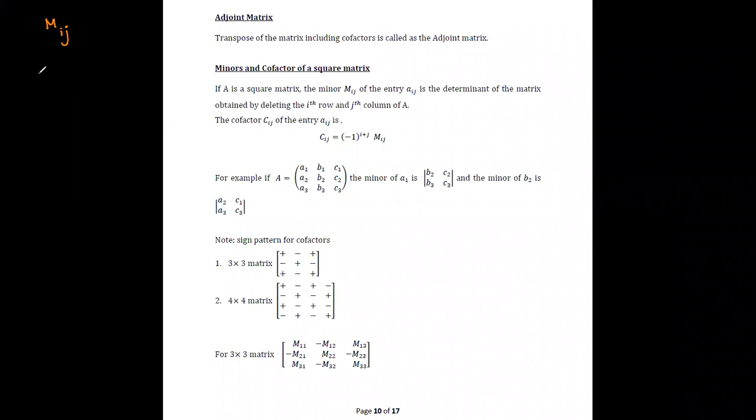First, we can write down all the minors this way. Here it is M11, then M12, M13. Previously, we have discussed how to calculate the minors. Here, this would be M31, M32, M33.